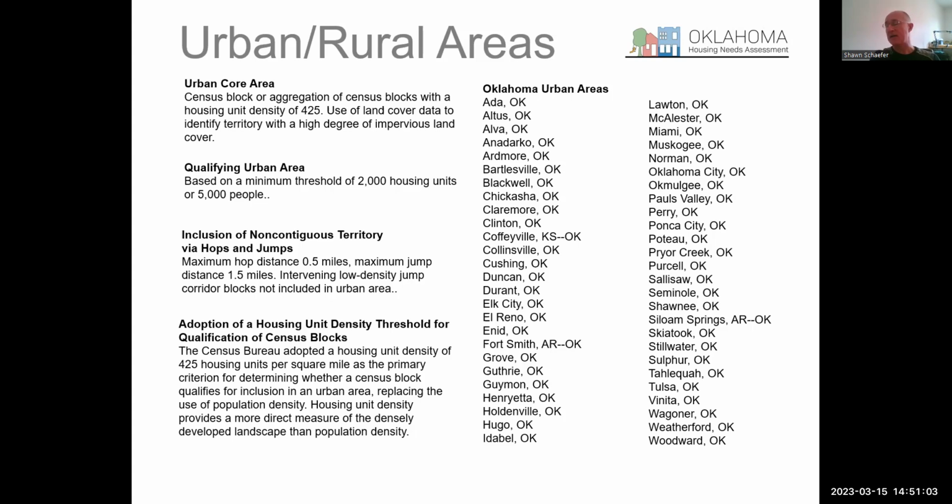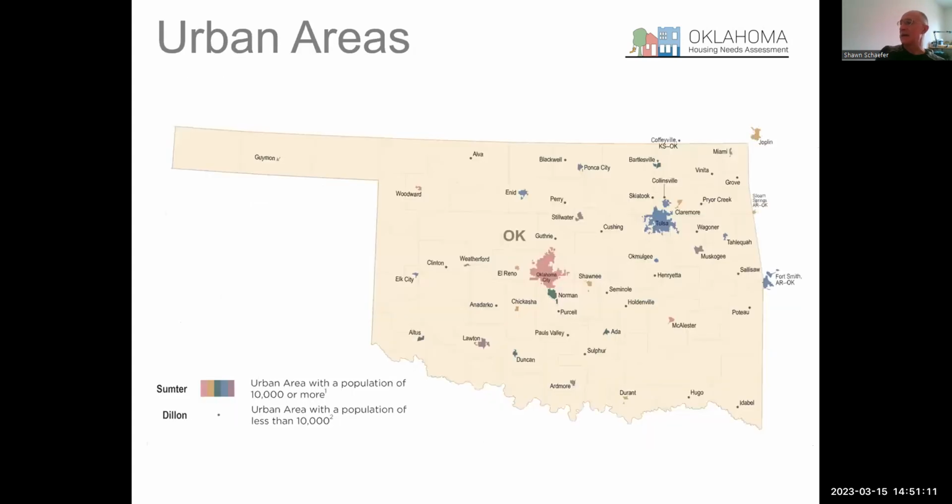Over on the right-hand side of the screen here, you see all of Oklahoma's urban areas. I think there's 52, if I count right. And then this map shows their location. If you've got more than 10,000 people, they're showing what is called the urbanized area, the built up area.